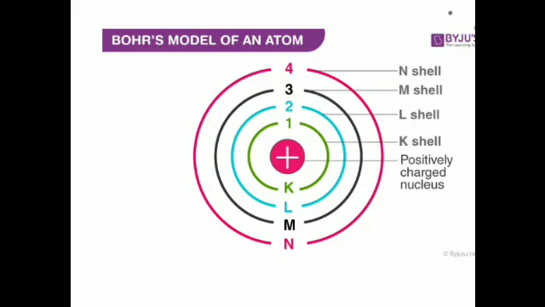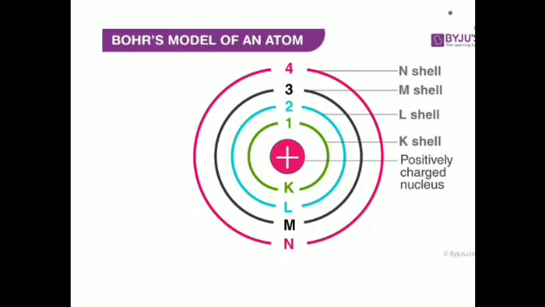And I told you that the shell which is nearest to the nucleus has minimum energy, while the electrons which are revolving farthest away from the nucleus have the maximum energy. That is, in this diagram, electrons in the K shell have the minimum energy, while the electrons in the N shell have the maximum energy.